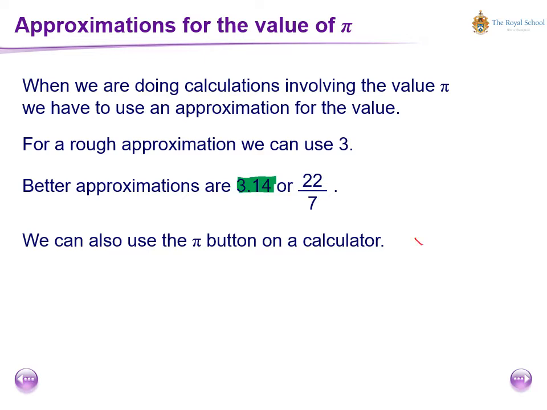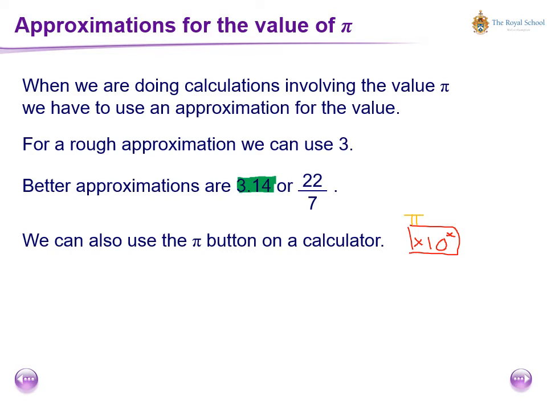The middle button actually should say times 10 to the power of x, which doesn't look a lot like pi at all. But what you should notice is that above it, in yellow writing, you have the pi symbol there. So it's not on the button itself, but just above it in yellow.